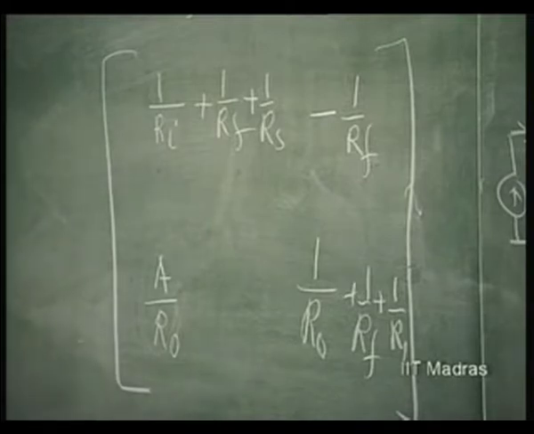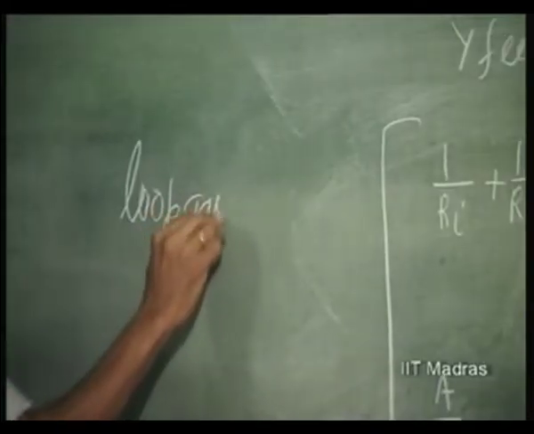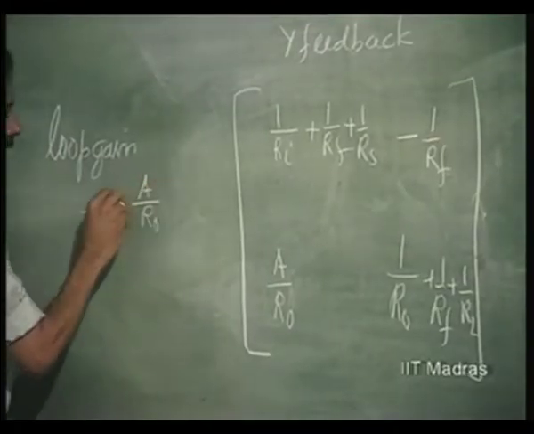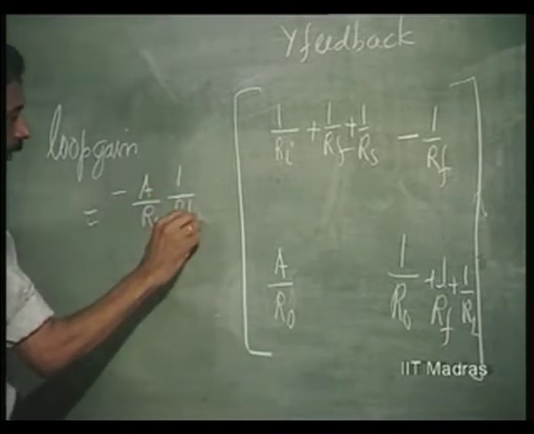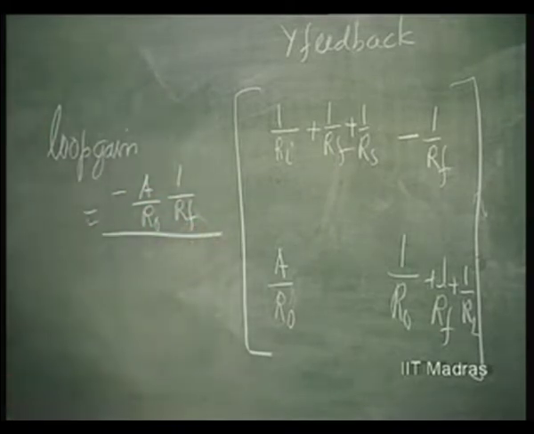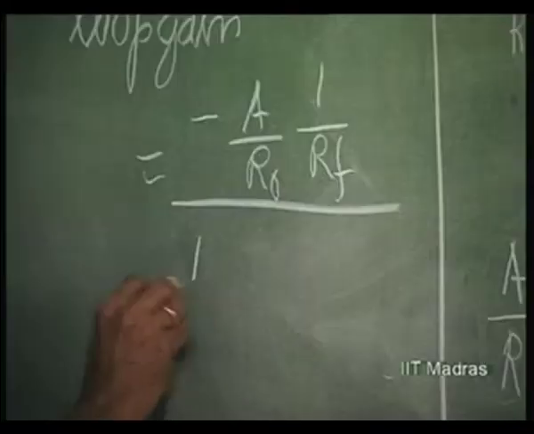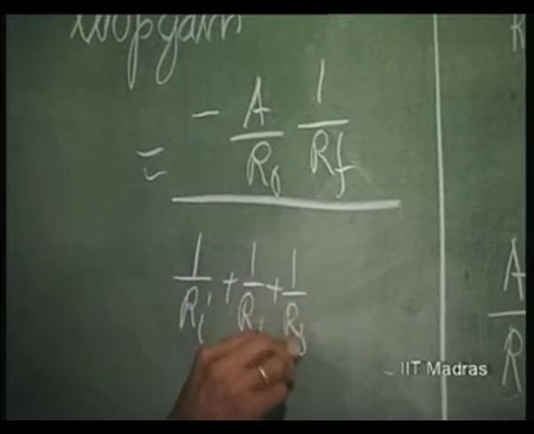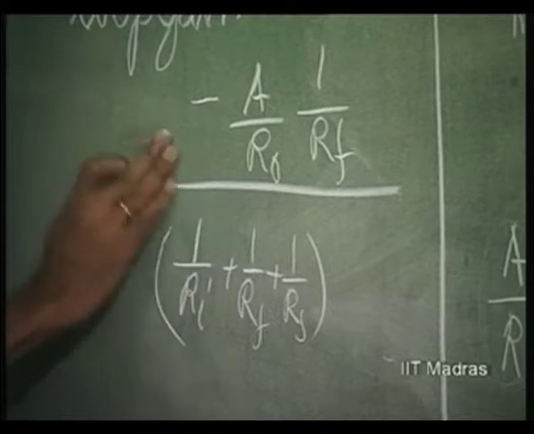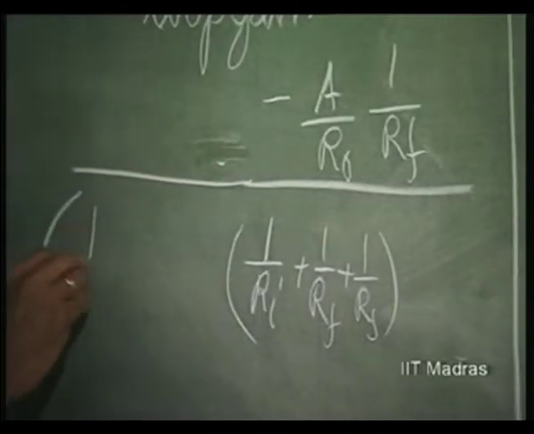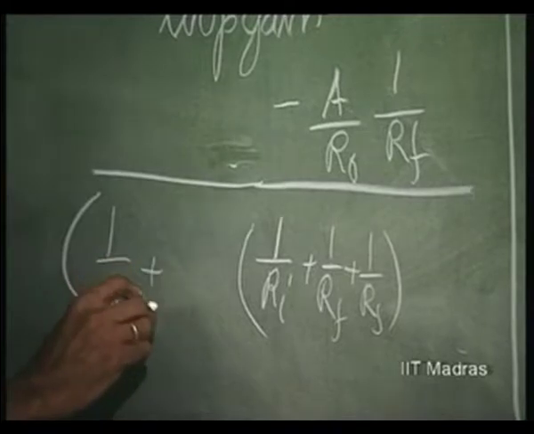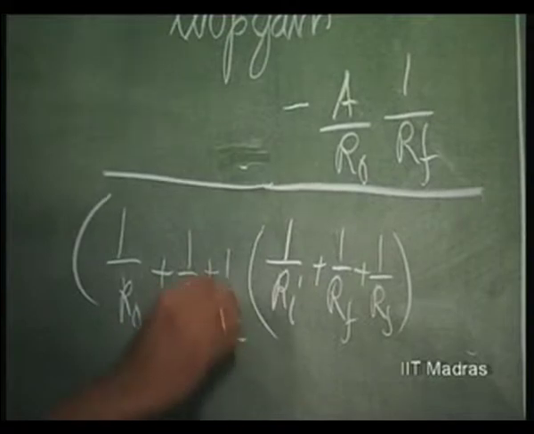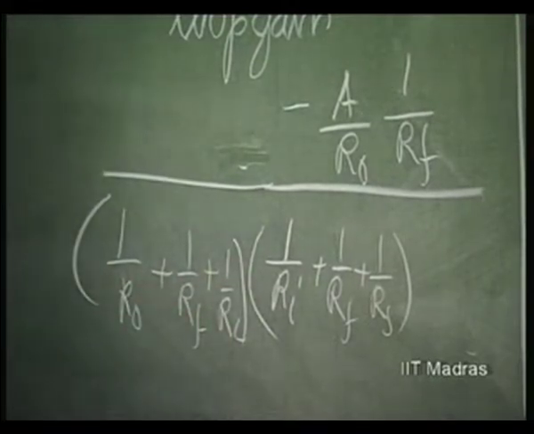And loop gain is A by R naught into minus 1 over RF divided by 1 over Ri plus 1 over Rf plus 1 over Rs into 1 over R naught plus 1 over Rf plus 1 over Rl. This is the loop gain, right.